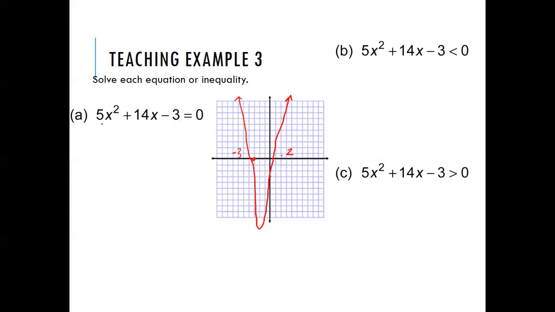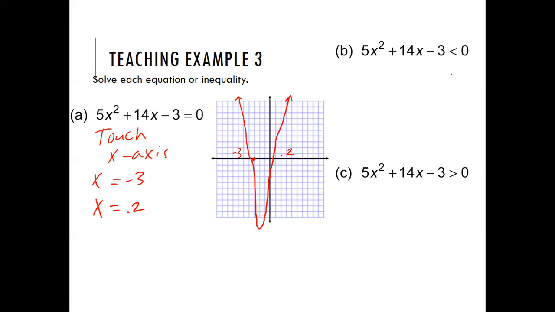So equal to means where do you touch the x-axis? And where do I touch the x-axis at? We touch at x equals -3 and x equals 2/10. 0.2 is not 2. Okay. What does it mean when it says less than 0?